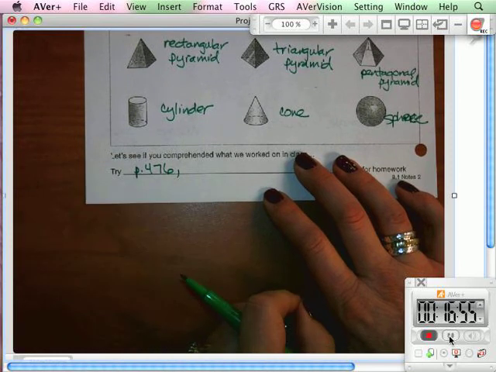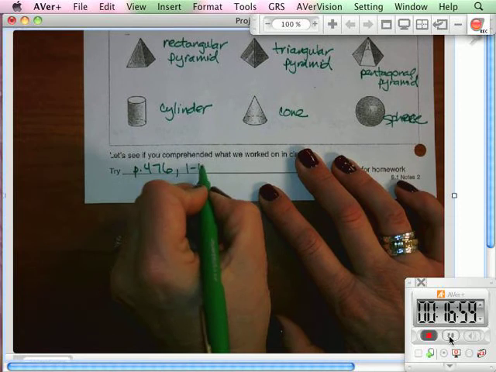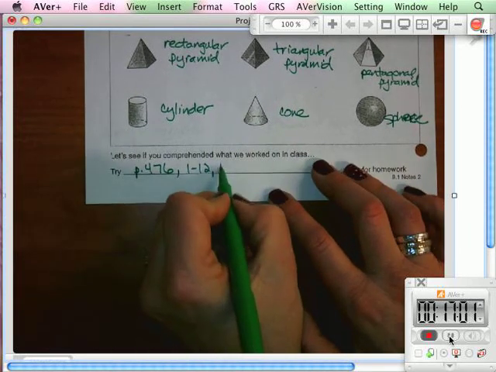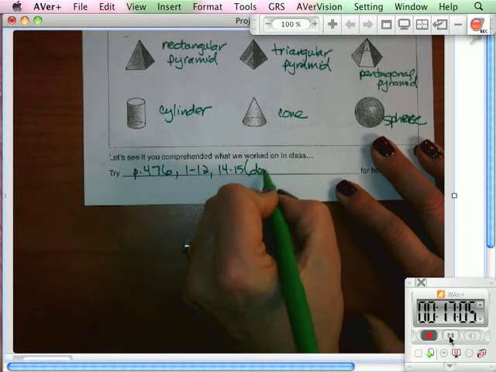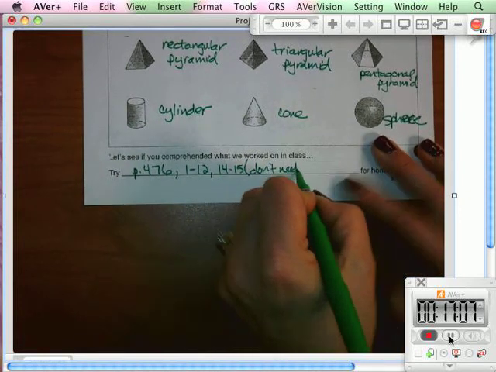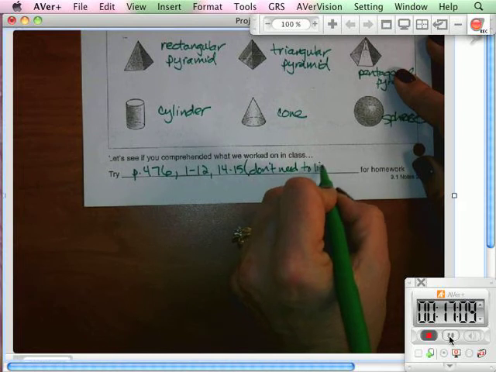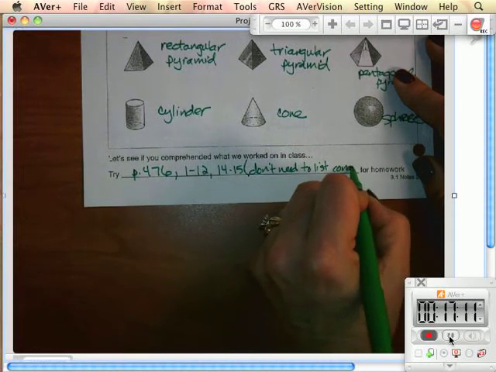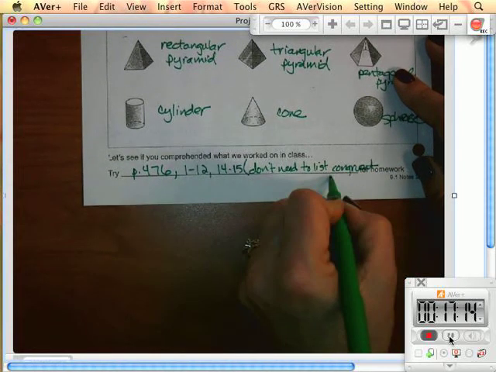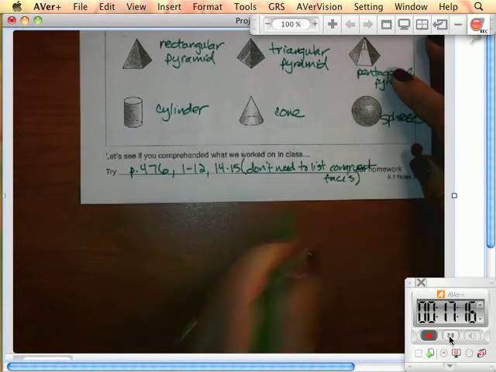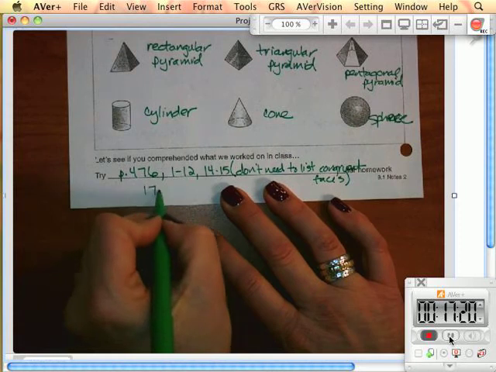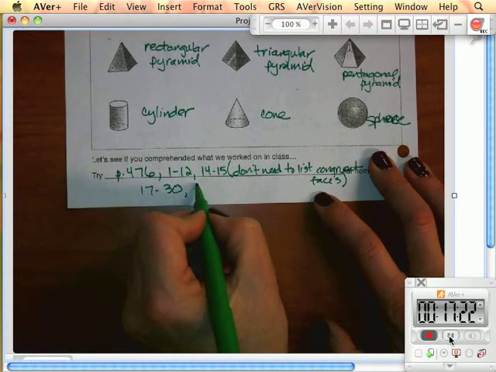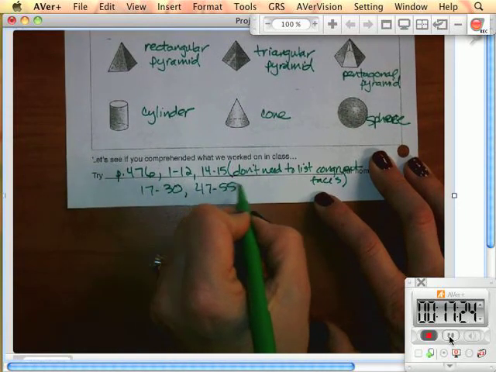It looks like a lot, but at least half of it is true or false or matching. 1 through 12, 14 and 15, and you don't need to list the congruent faces. We also have 17 through 30 and 47 through 55 odd.